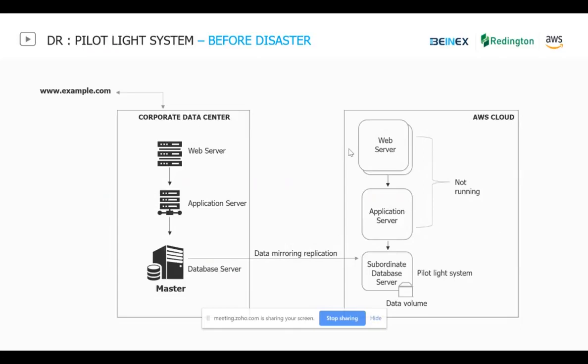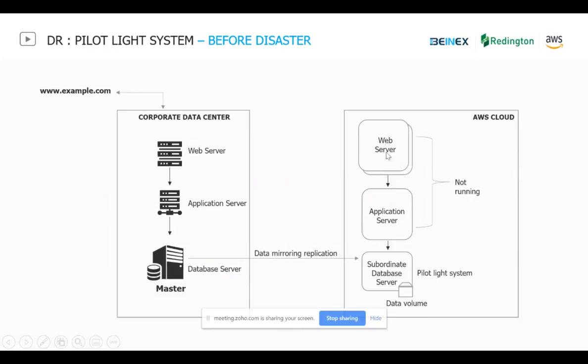There might be your reverse proxy servers, your DNS servers, maybe Active Directory servers, your primary and secondary domain controllers, and many sorts of servers like that. So in this example, you have the corporate data center with web, application and database here.